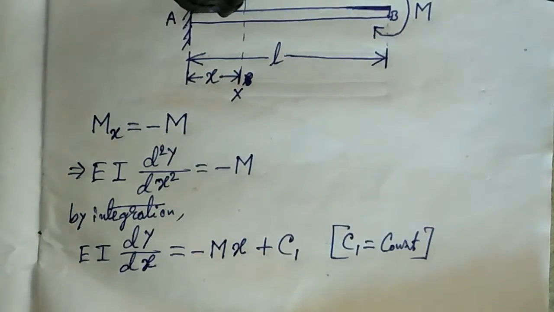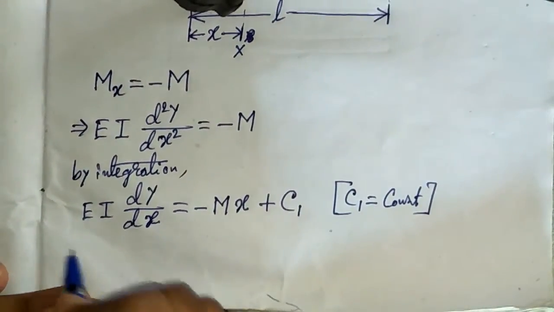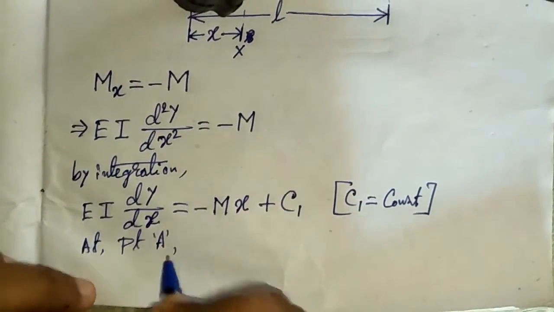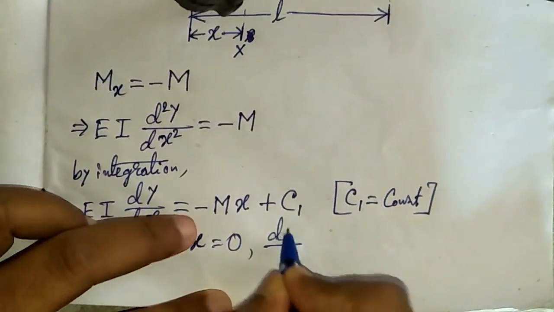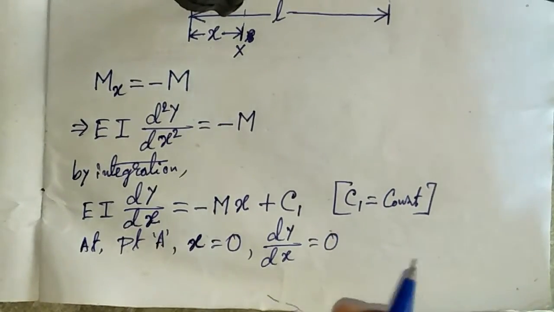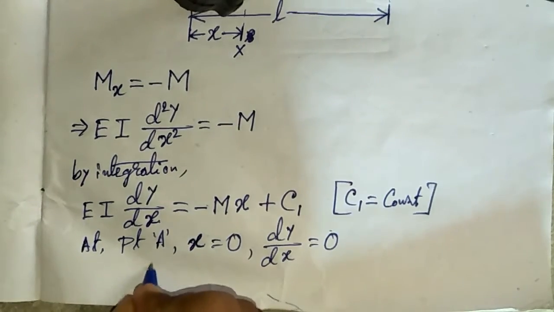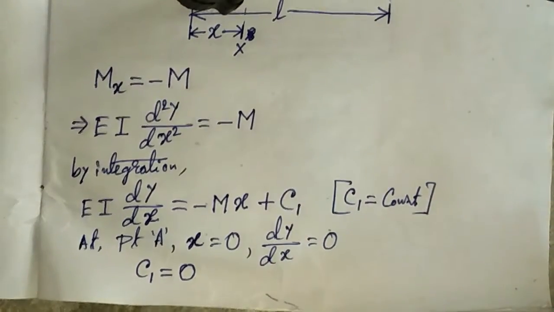Now we are going to apply the boundary conditions. At point A, the value of x is 0, and also the value of slope, that is dy/dx, is also 0. By applying these boundary conditions into the above equation, we get the value of C1 is also 0.